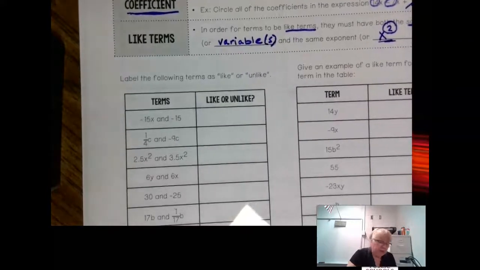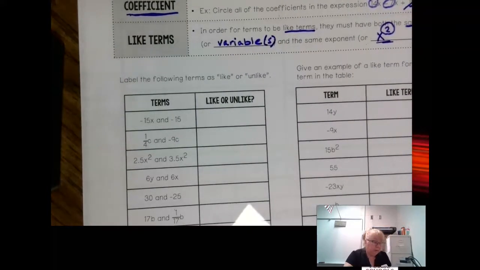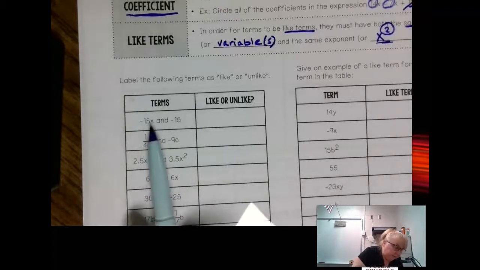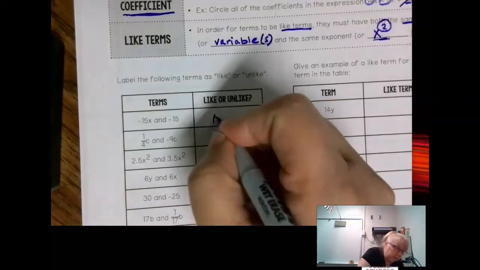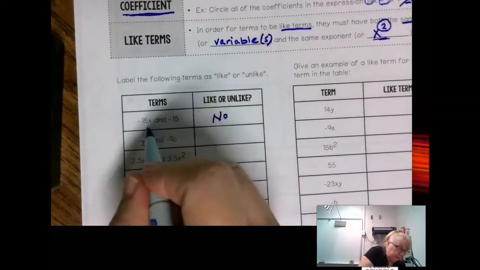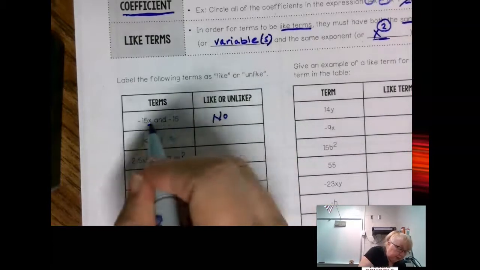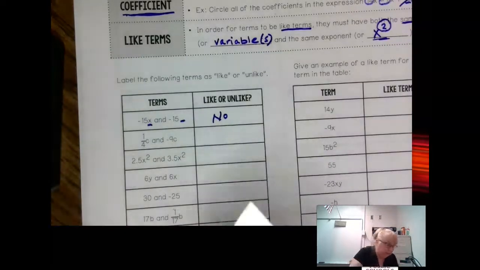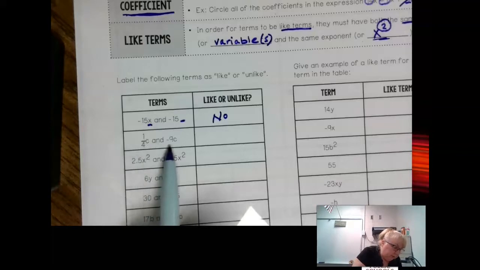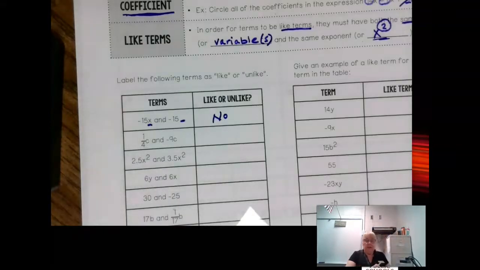So we're going to say, are these terms alike or no? Negative 15x and negative 15, alike or no? No, because they don't have the same base. That has an x, that has nothing there. Okay, we have 1/4 c and negative 9c, like or no?